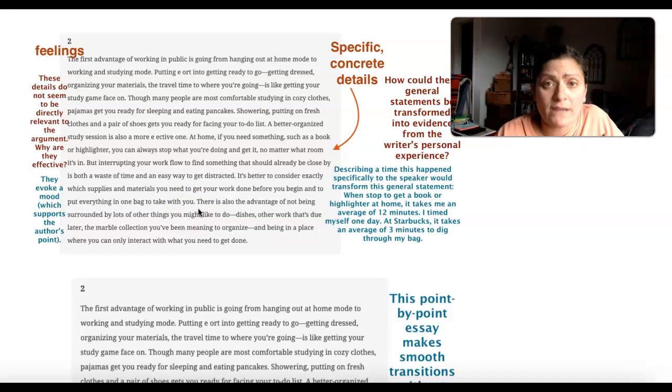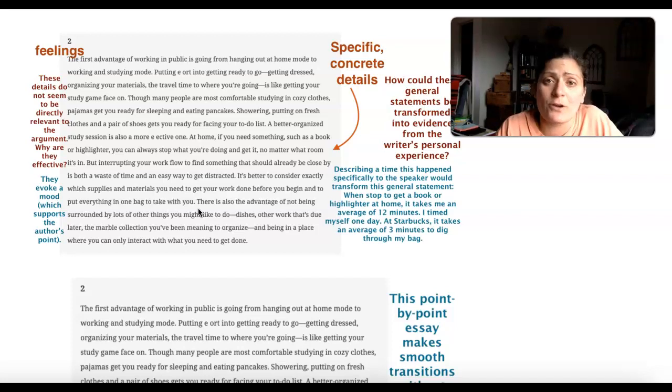This is all right, but it would be a lot stronger if instead it had been timed out by the author, that there was some concrete evidence here that this ultimately saves time.